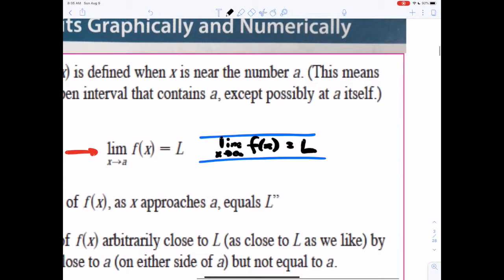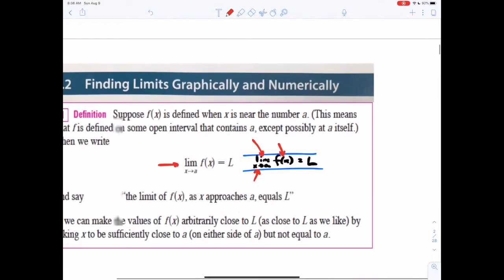Practice writing it. Now, what I want you to do is practice saying it. Again, I'll repeat the steps. You're going to say the limit of f of x as x approaches a is L. Rewind that if you need to, but we're going to move on.